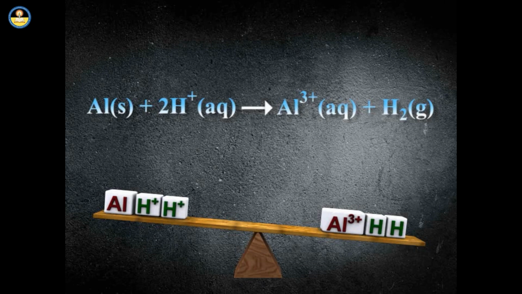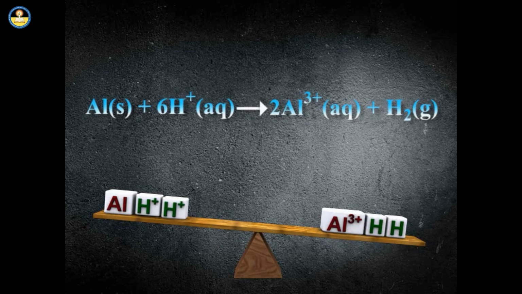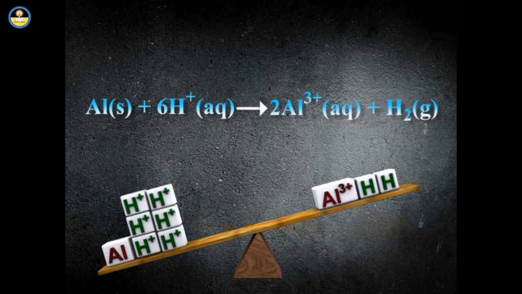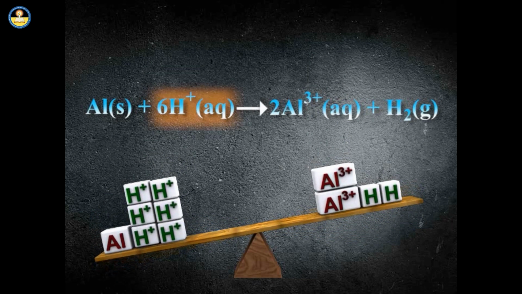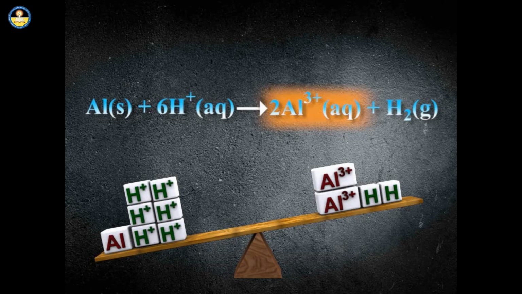This equation is balanced with respect to aluminium and hydrogen atoms, but it is unbalanced with respect to charges. In order to balance it completely, put 6 before H⁺ ions in aqueous state instead of 2 and 2 before Al³⁺ ions in aqueous state to make 6 positive charges on both sides.